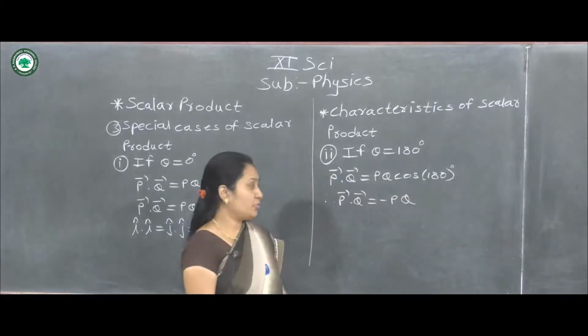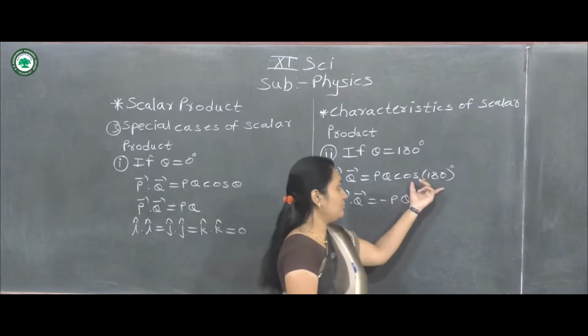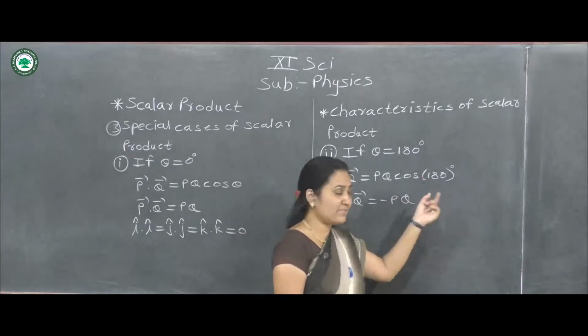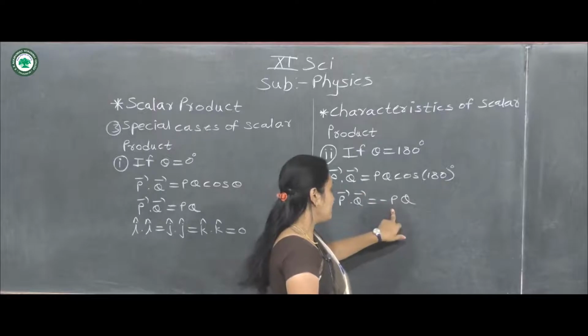When we substitute cos 180 is minus 1, p bar dot q bar will be minus pq.